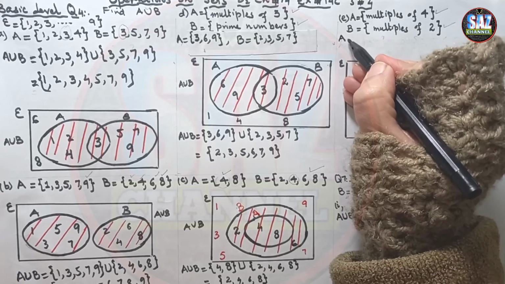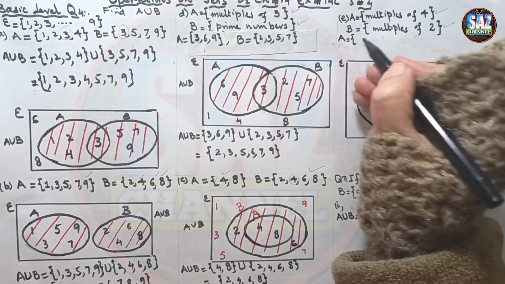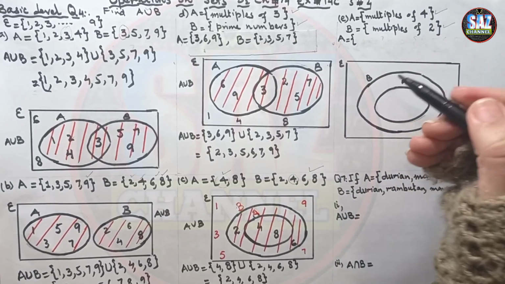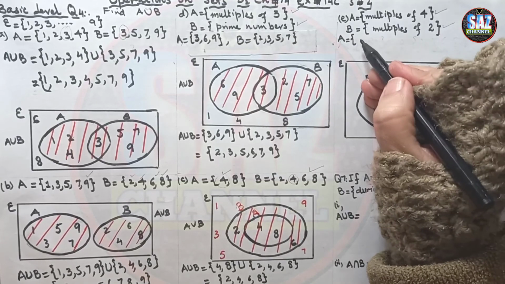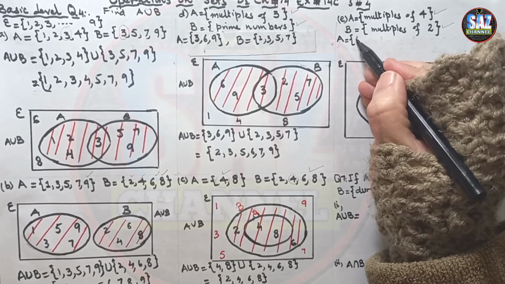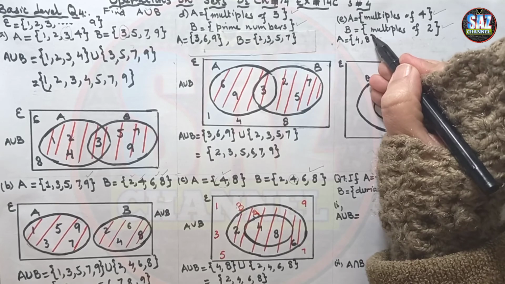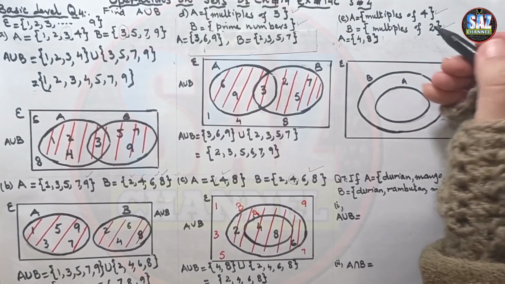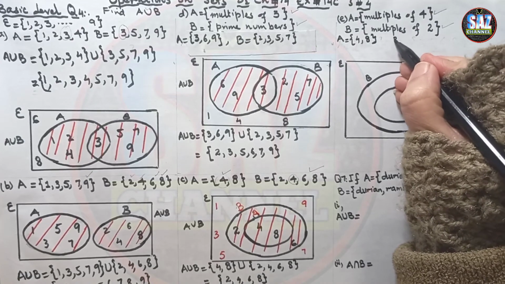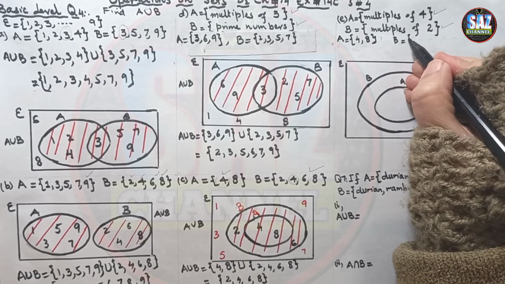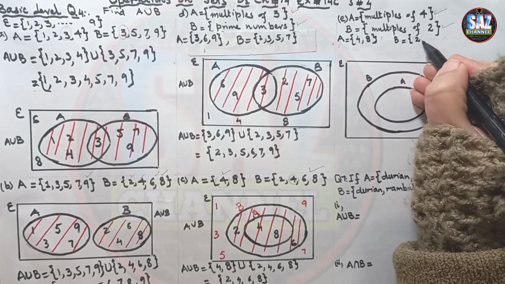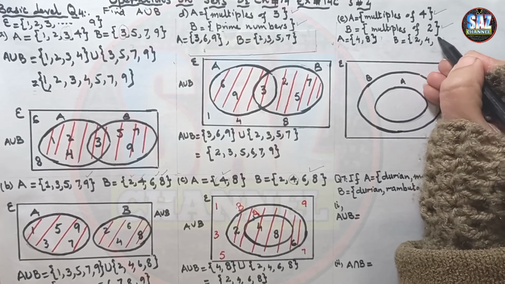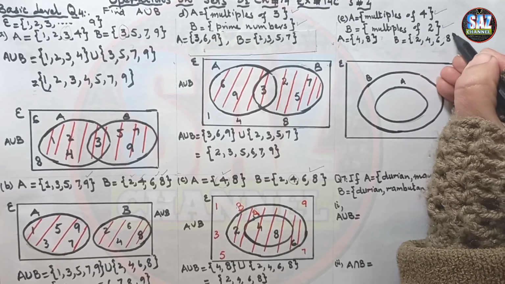I have to pick up multiples of 4, so the multiples of 4 are 4 and 8 from the universal. I'm picking up these elements from this universal only, and then B contains the elements which are the multiples of 2, so I have to write 2, 4, 6 and 8.